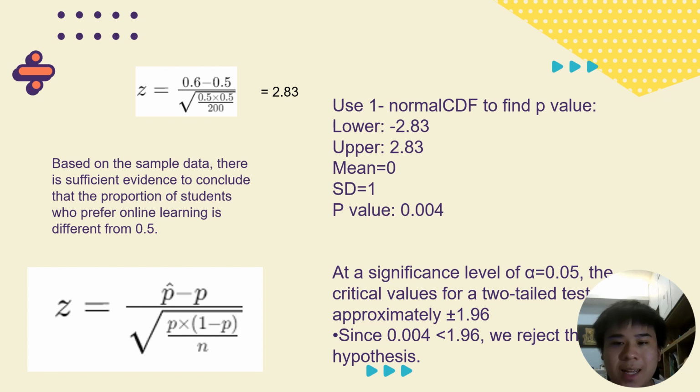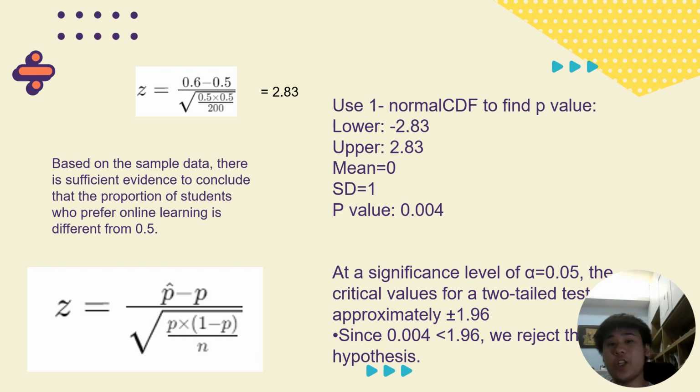So, how do you find the p-value from your z-score? Actually, pretty simple. You use normal CDF to find the p-value. In this case, you do 1 minus normal CDF. Pull out your calculator, go to second distribution, go to normal CDF, enter the lower bound and the upper bound.